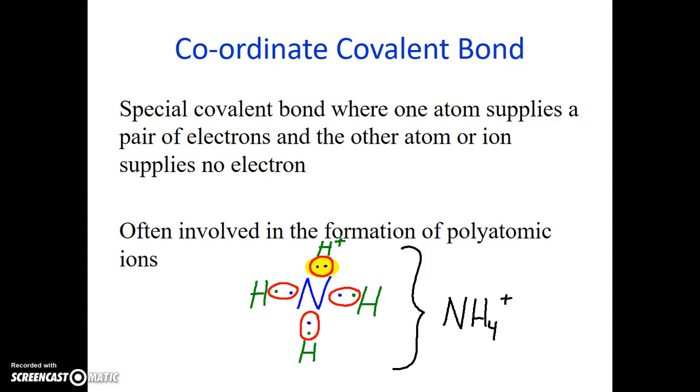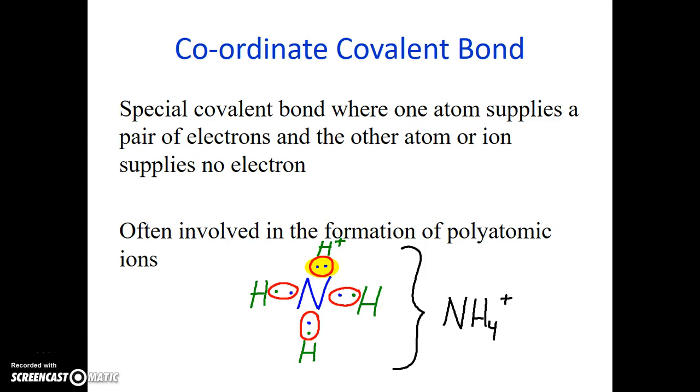Hydrogen, of course, has only 1 single valence electron. So 3 hydrogens make regular covalent bonds with the 3 single valence electrons of nitrogen.